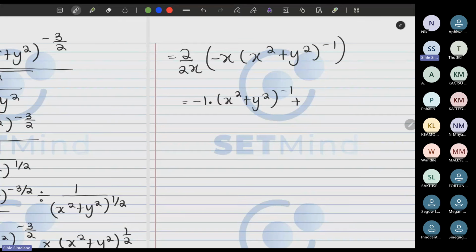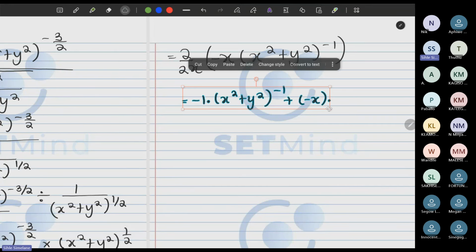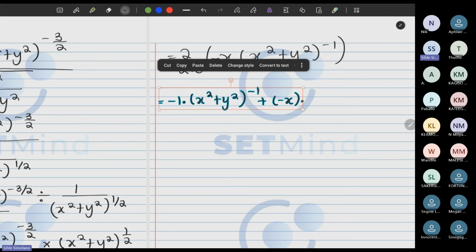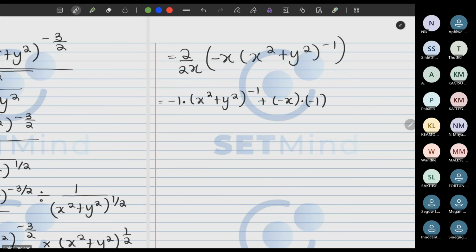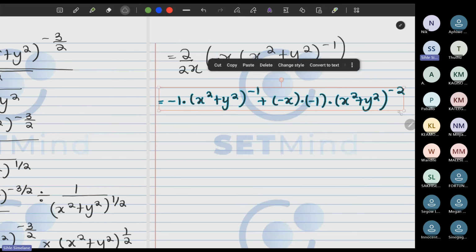And then plus, now I have the negative x, and I'm deriving the bracket part. So when I derive that bracket, you should see we should drop the negative 1 and then have (x squared plus y squared), now to the power of negative 2. But there's one thing that I'm missing at the end there, guys.